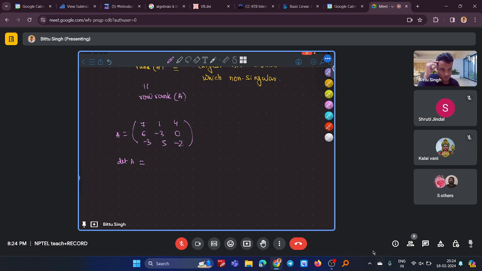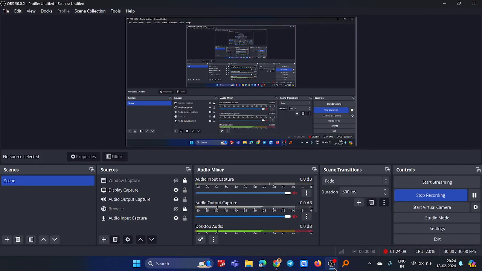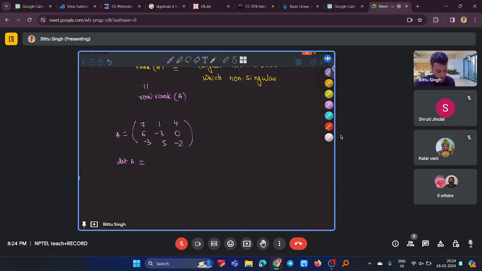It is 7 times 6, minus 1 times, expanding with respect to the first row, minus 12, and plus 4 times 30.